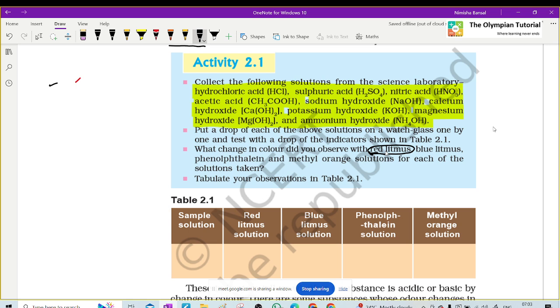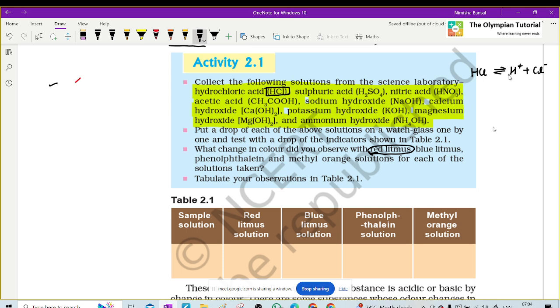Tanya, hydrochloric acid is acid. So, after ionization in water, what will become? Ionization of hydrochloric acid will give hydrogen ion and chloride ion.